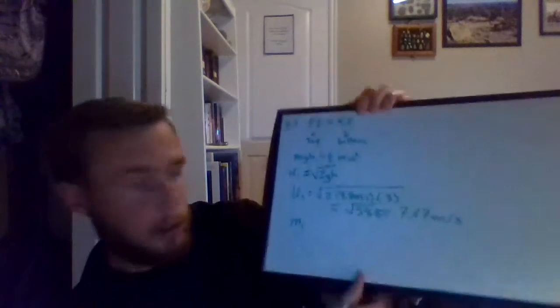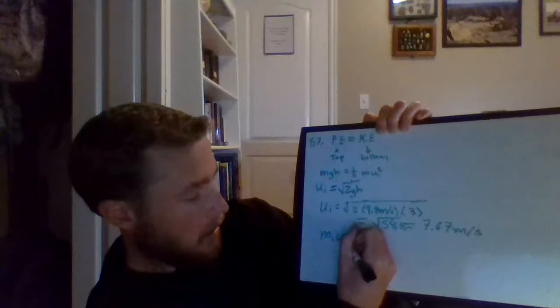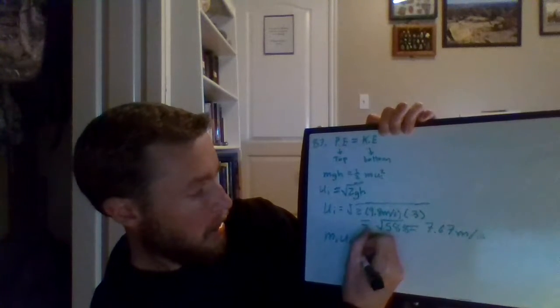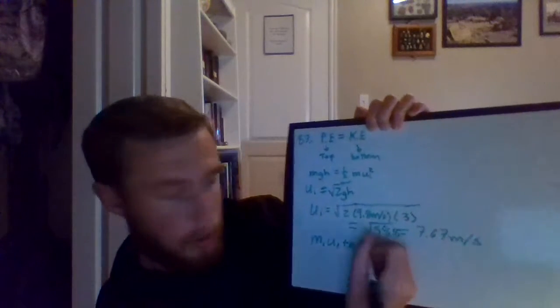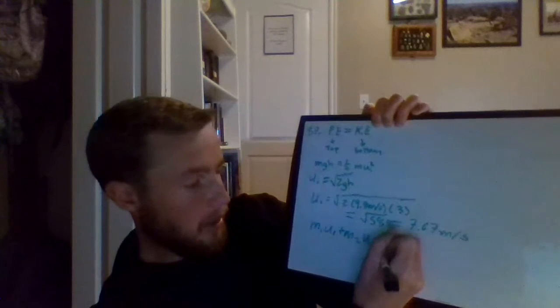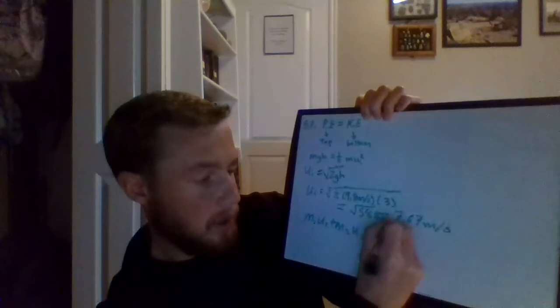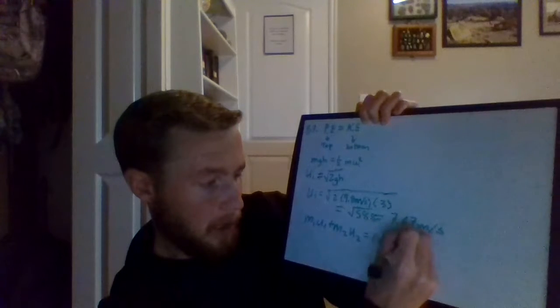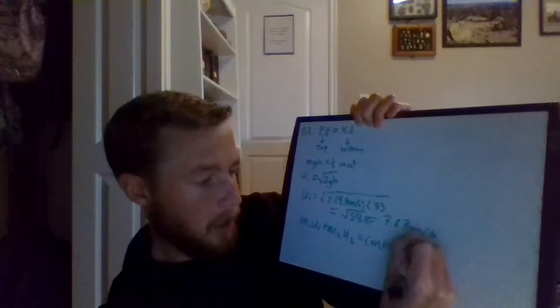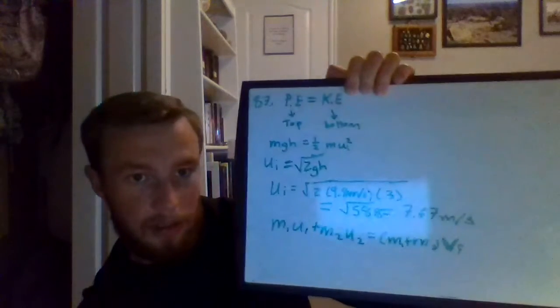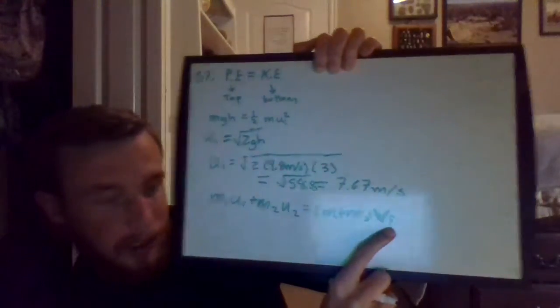So we're going to write M1, the mass, times the initial velocity, plus mass 2 times the velocity 2 of the second package, equals the mass plus the mass again times the final velocity of the two. We want to find the final velocity of the two, so we're going to have to isolate that.